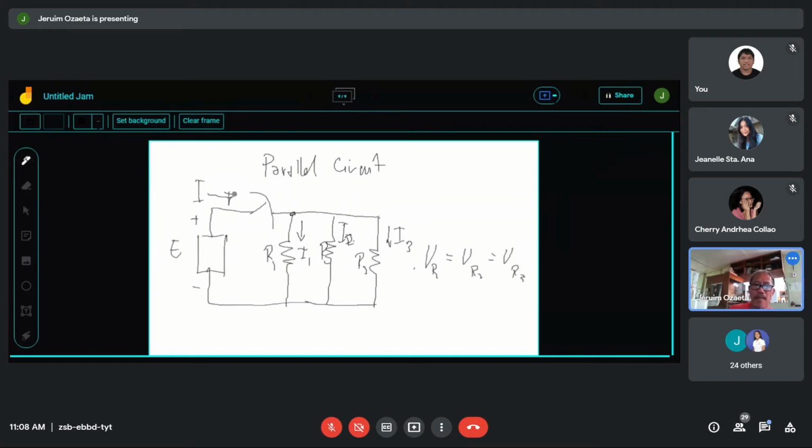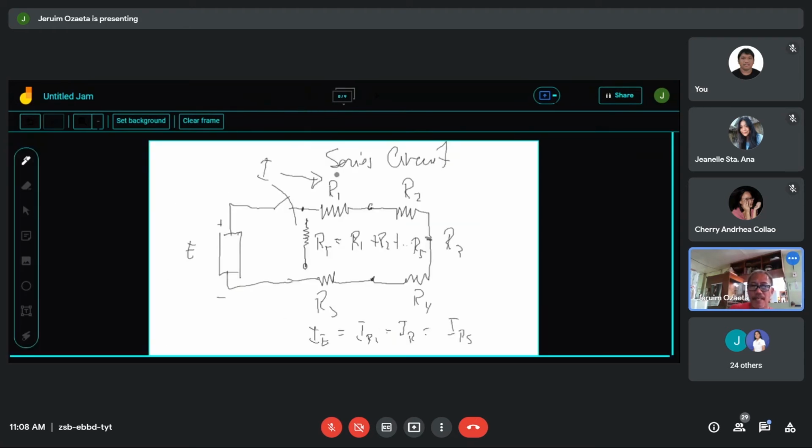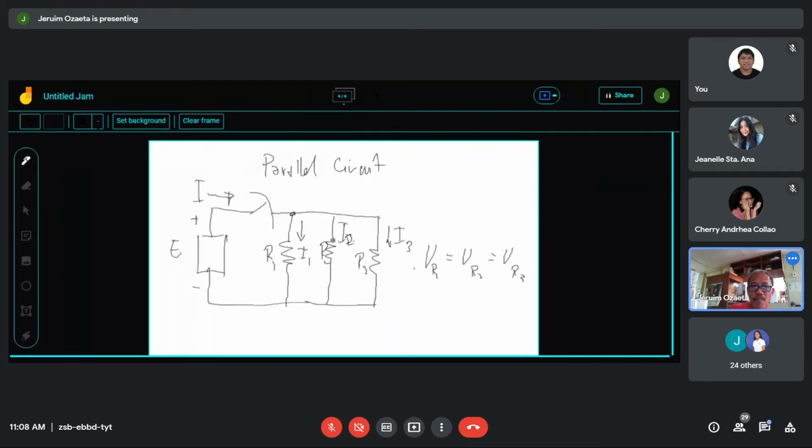Now, as before, in the series circuit we noted that the current is the same. But in the parallel circuit, the voltage is the same in all of the elements. Okay, so that is the difference between the series and parallel circuit.